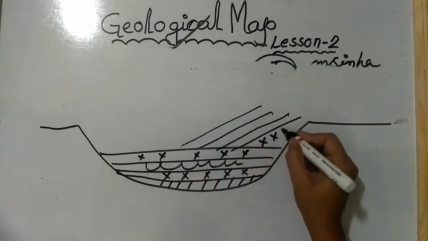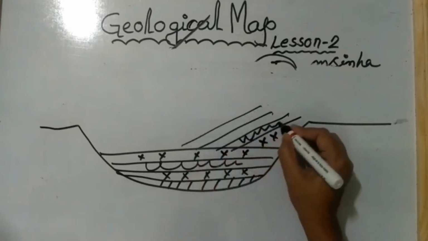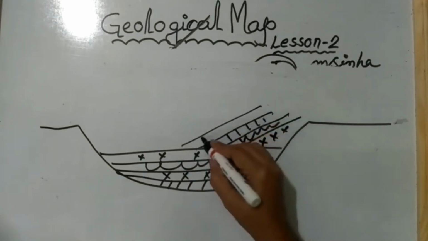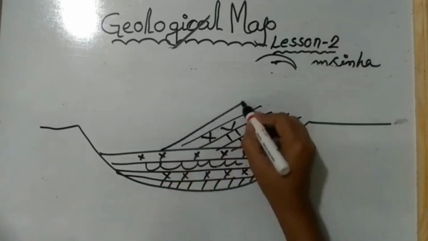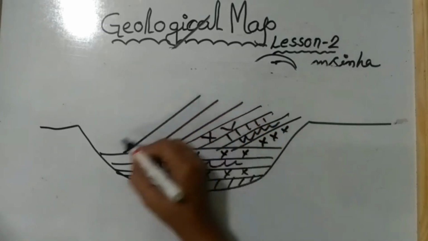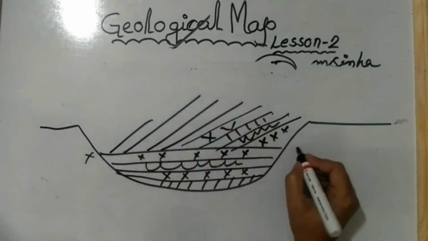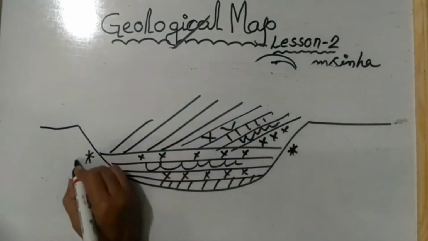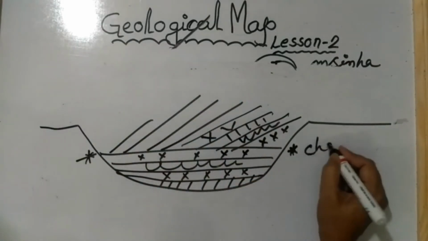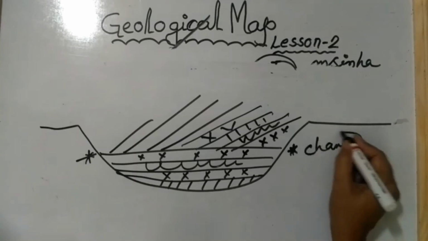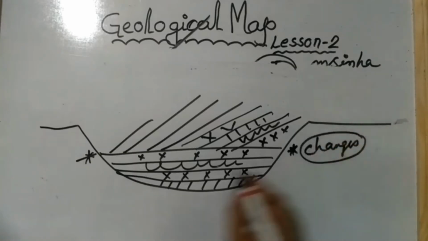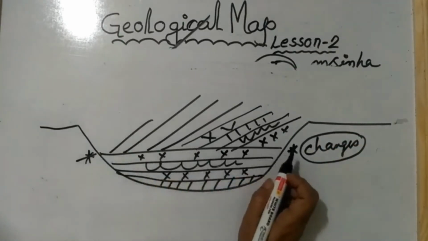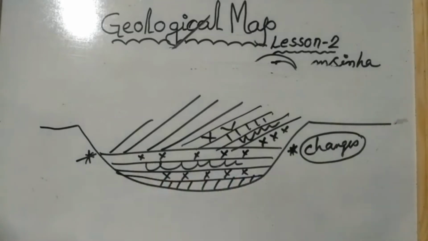Suppose this layer and deposition of that layer, then this layer, then that layer, and so on. So this zone is the zone of changes. This surface area is demarcated for the changes.